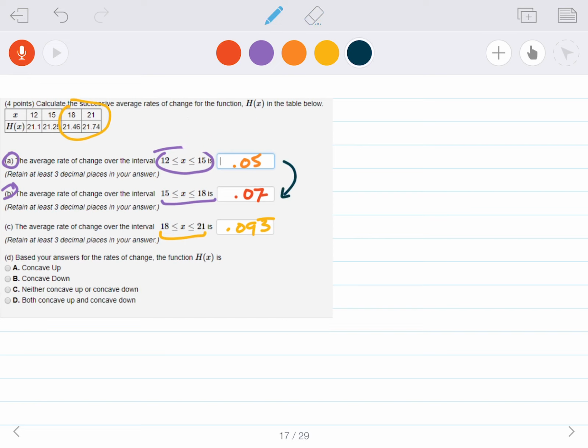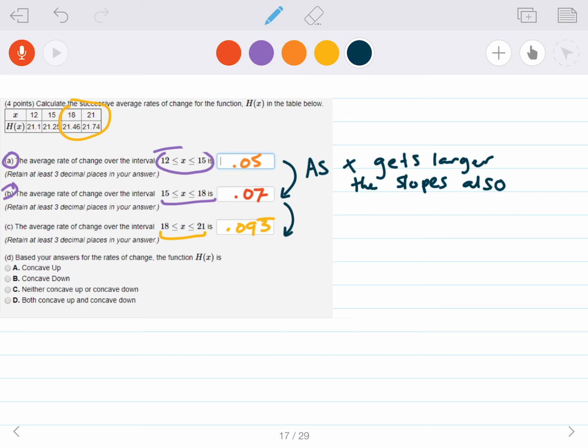So we compare the slopes, right? And we can say as x gets larger, the slopes also get larger, right? We go to 0.05, 0.07, 0.093 repeating, whatever.